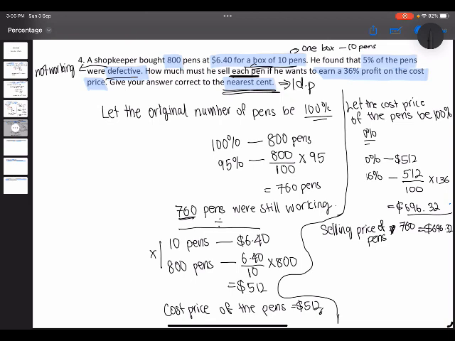So in order to find the selling price of one pen, using the proportion method, it is $696.32 over 760.